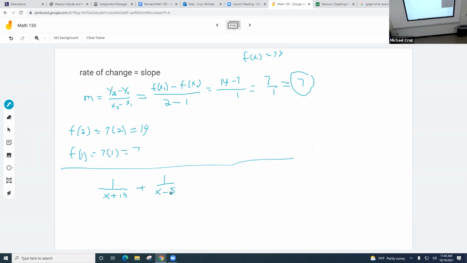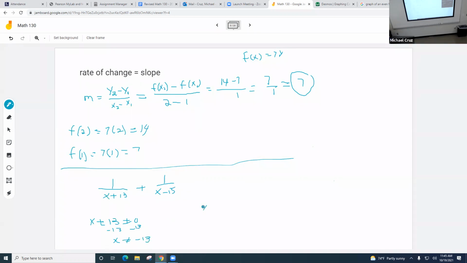So what we do to find out where it's going to be undefined, and therefore excluded from the domain, is set these equal to 0. I'm going to put not equal to 0, but just treat it like it's an equation. So that just means x can't be equal to negative 13.